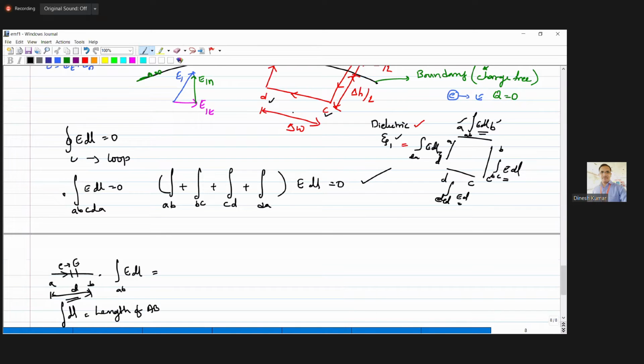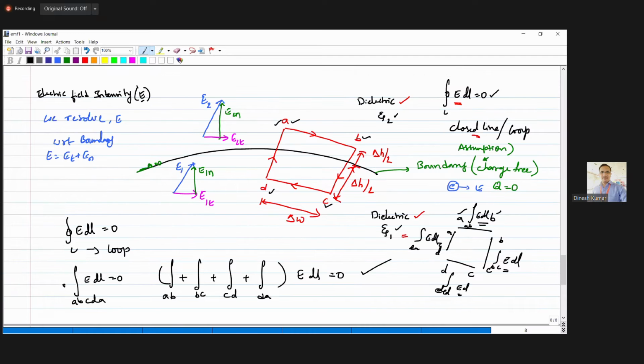See, in this loop, this is the value from A to B. So from A to B, what is the value? The value is delta W. So the value of the integral of dL will be the total length, the width of the loop, which is given as delta W. But here, see, this is an important point.